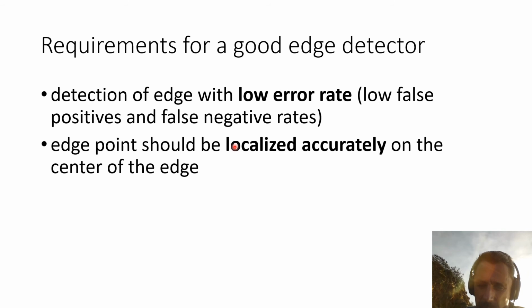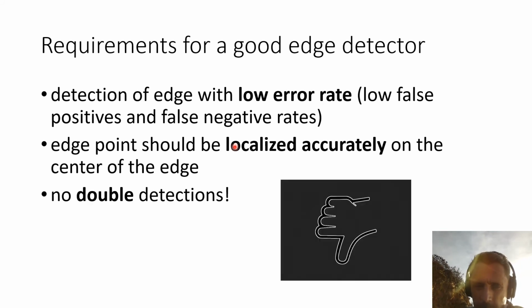But that's pretty clear. Whatever task we want to run on that edge detection task, we want that task also to be solved accurately, right? So lane detection or whatever you want to detect shouldn't have a systematic or some other offset. And also, and that's nothing uncommon in the past, some edge detectors would produce double edges.